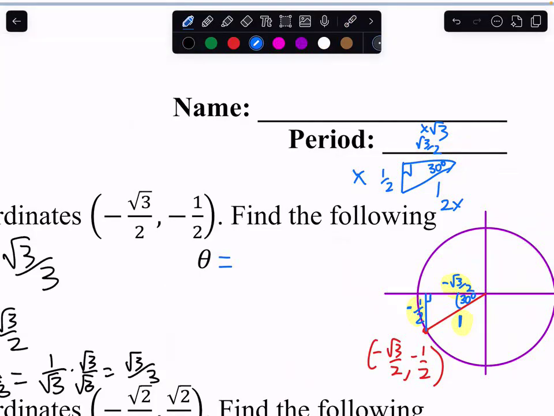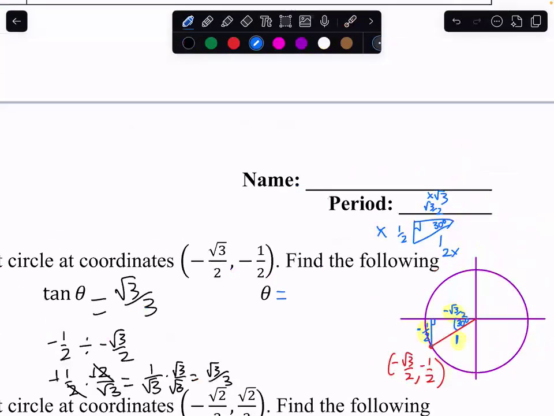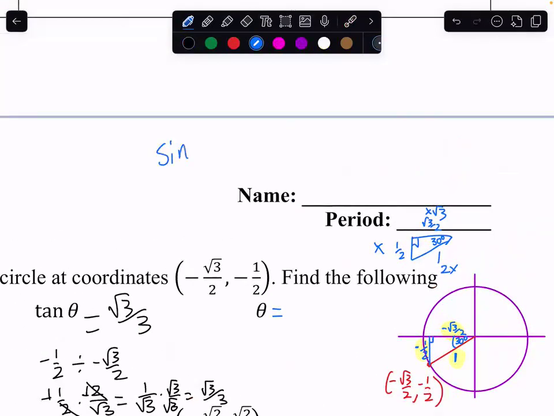Anyone think they know what we need to do? It's not 30 degrees, because if I do sine of 30 degrees, that equals +1/2, but here it's supposed to equal -1/2.